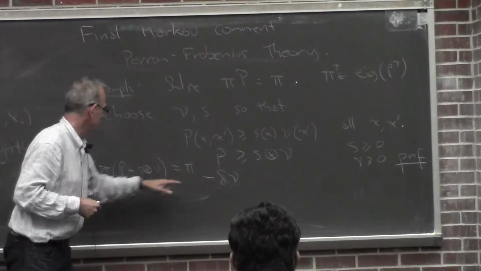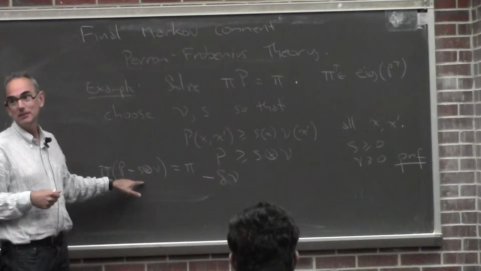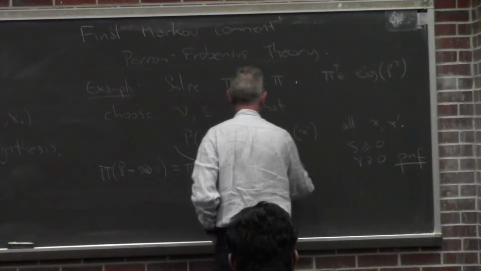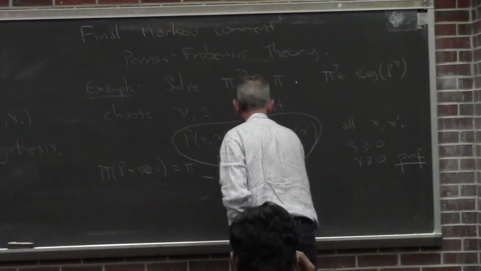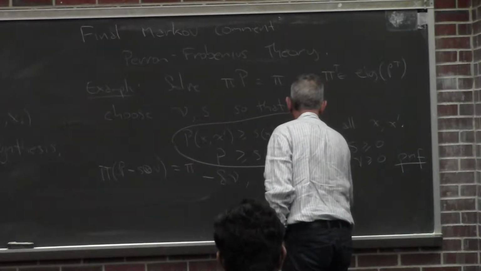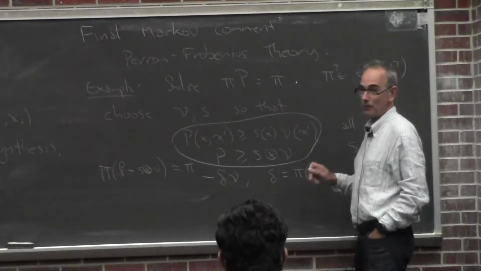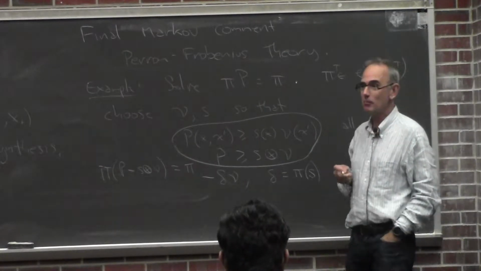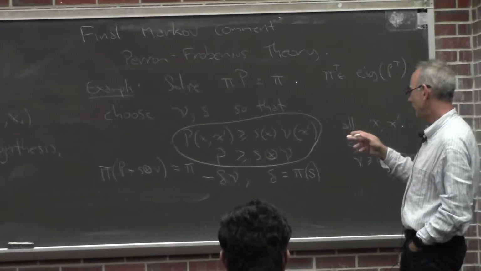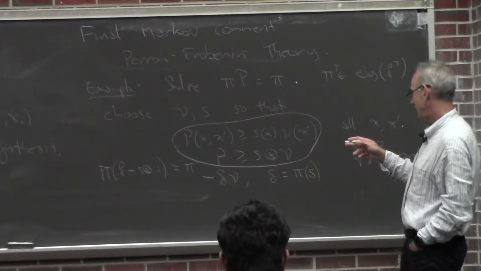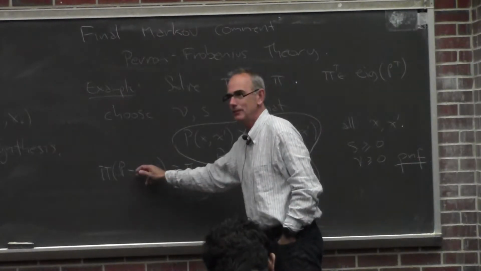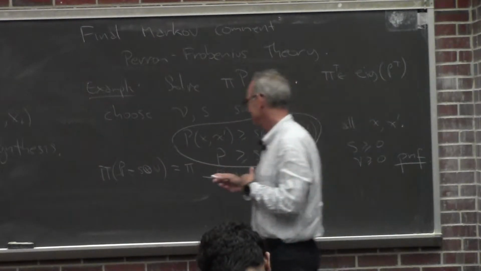So delta is nothing but pi dot S, which is unknown, but you'll see it doesn't matter. So what happens is that we can flip this around, and what do we get? I'm going to put this on this side and this on this side, just shuffle things around.